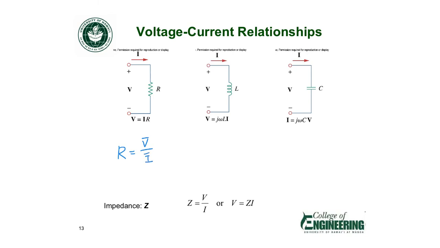So for the resistor, it's V over I, which is another form of Ohm's law. For the inductor, actually let's just put V over I. If I put V over I, then I get j omega L. And for the capacitor, if I put V over I, I get 1 over j omega C.